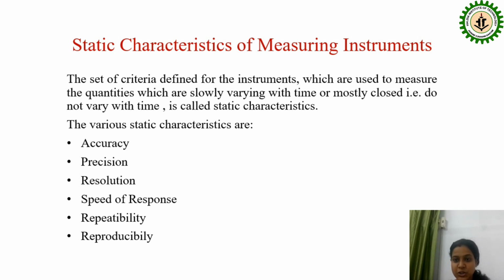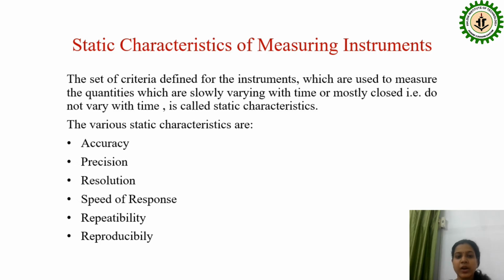The static characteristics are the set of criteria defined for the instruments which are used to measure quantities which are slowly varying with time or mostly constant. That means a static characteristic is one which is not varying with respect to time.